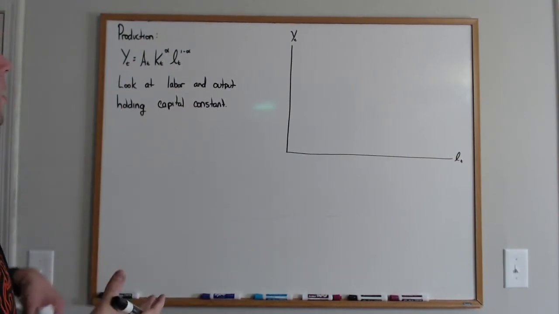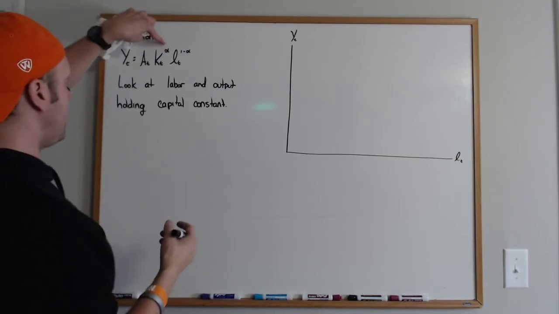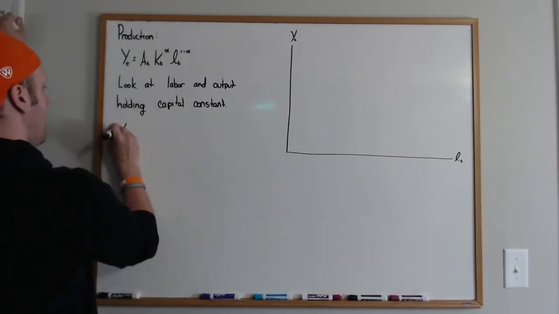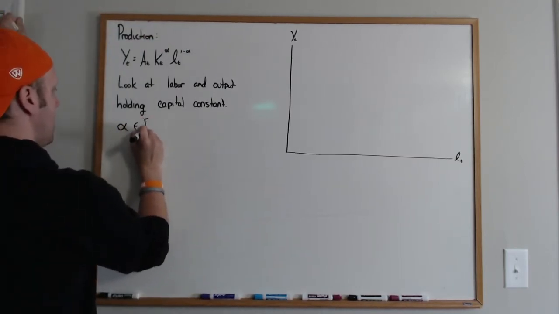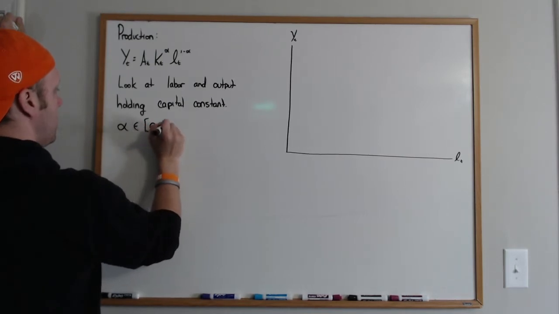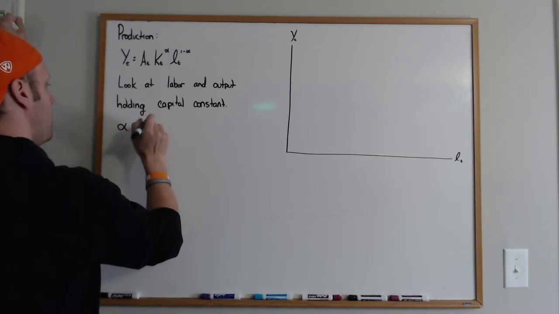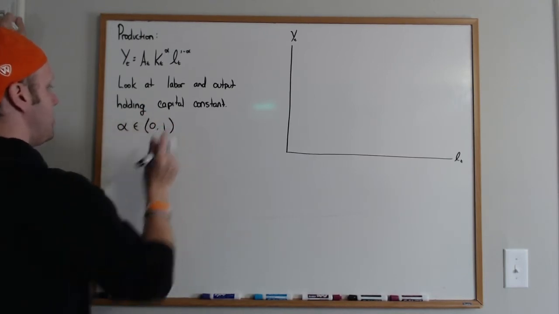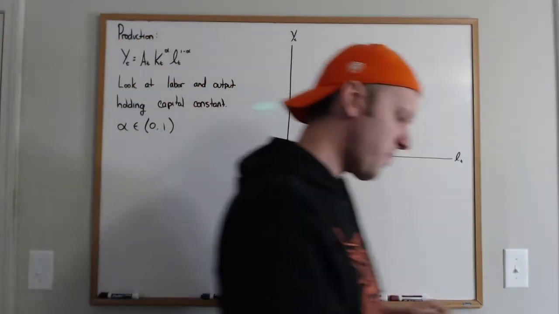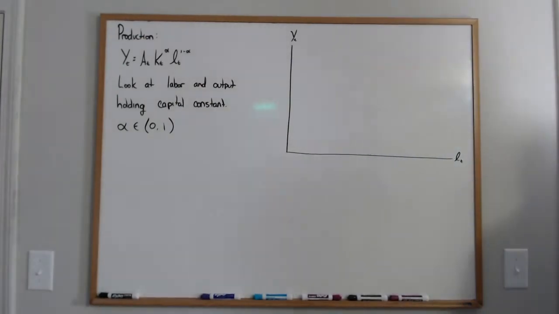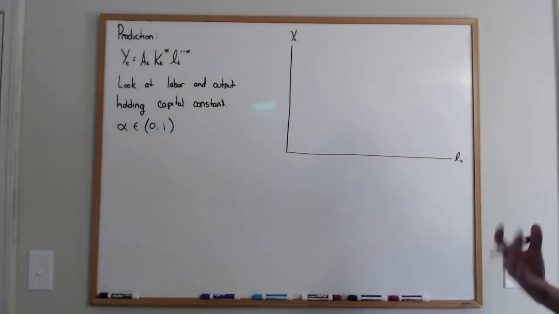Now, if you recall, this alpha is contained in the 0, 1 interval. What does that mean? It means alpha is greater than 0 but less than 1.